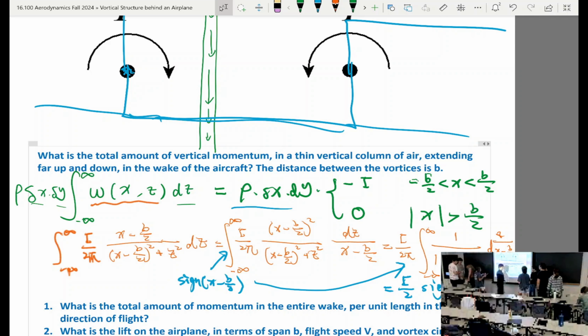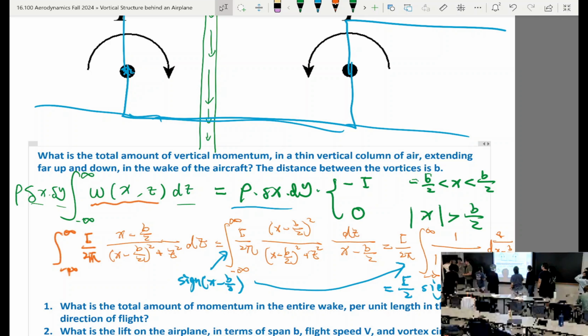Can we find the momentum? Like the momentum is negative. Are we saying this is Z and this is X, and Y is into the screen? Yes, the airplane is flying right into this. So it's per unit length, right? We're supposed to find momentum per unit length.